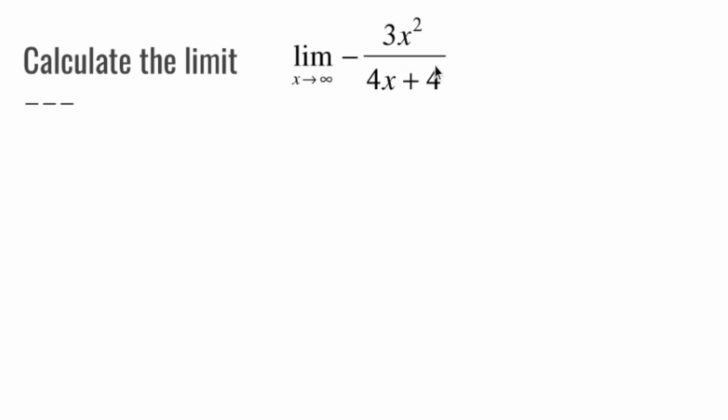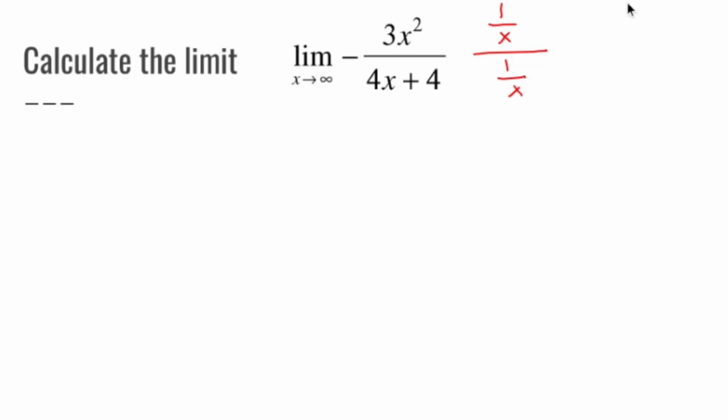So what you're going to do, this little trick, is find out what the highest degree variable is on the bottom here. It's x. Take that x, put it over 1, and put it over 1 again for the numerator. I'm going to multiply the numerator and the denominator by 1 over the highest degree variable.